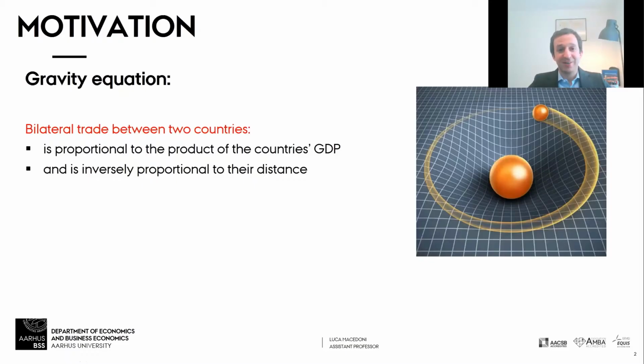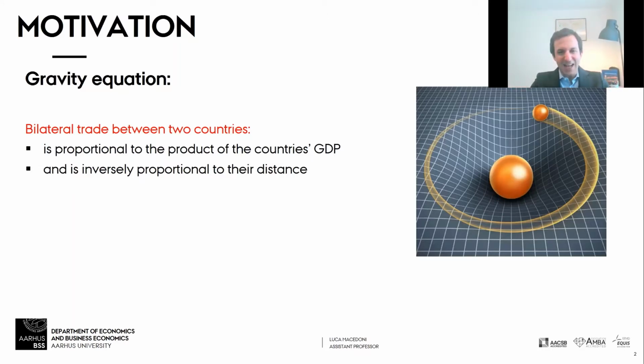So just like gravity in physics, we also have a gravity equation in international trade, where we're not going to look at the force between two planets, right? We're going to look at the bilateral trade between two countries. And the gravity equation in trade states that these bilateral trade flows, the exports from Denmark to Germany and from Germany to Denmark, are proportional to the product of the countries' GDP.